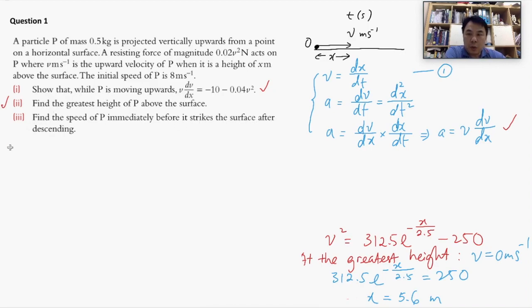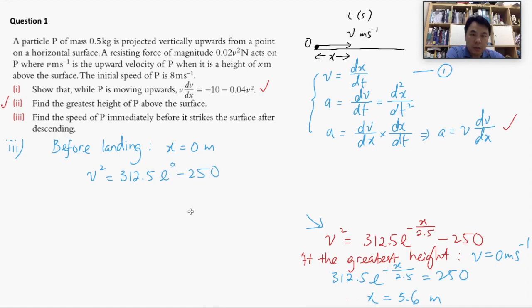So number 3 is quite direct. Just before it strikes the surface, before landing, we know that x must be 0 meters. Therefore, based on this equation here, our v squared would be 312.5 e to the power 0 minus 250.